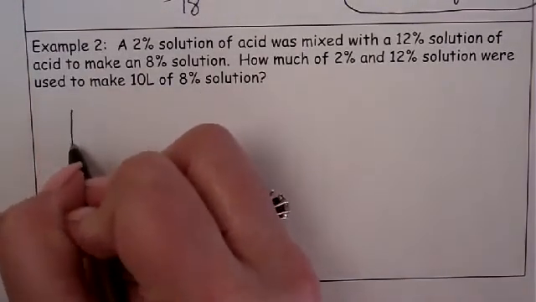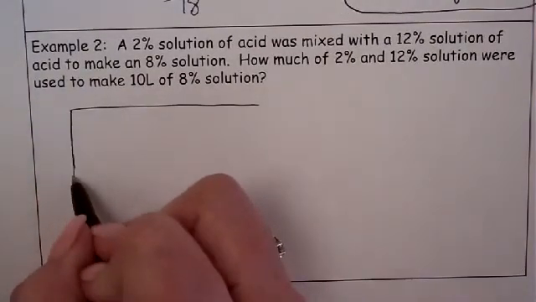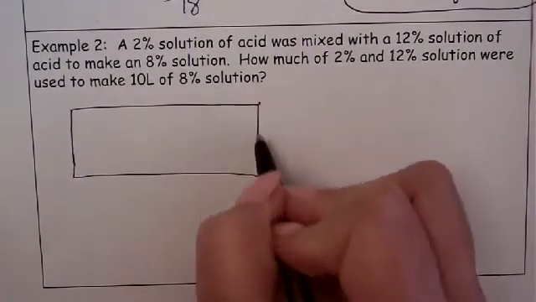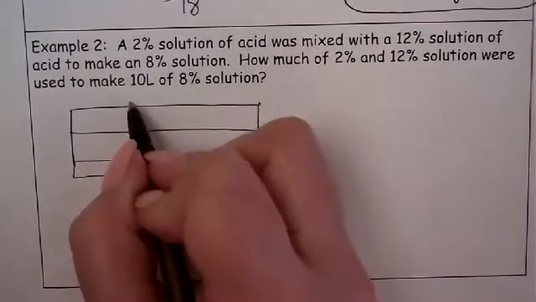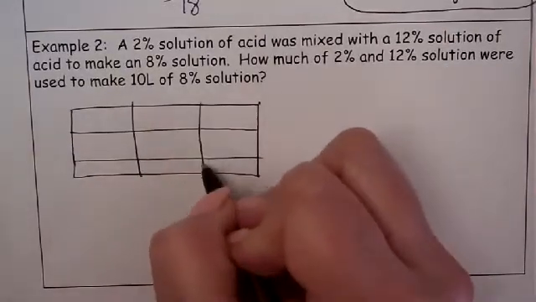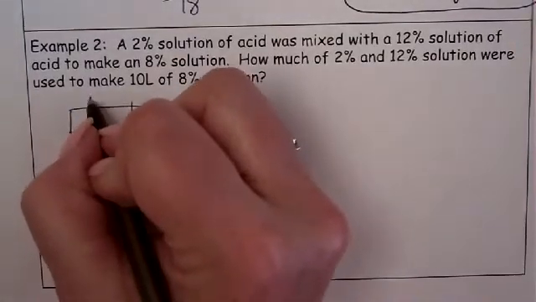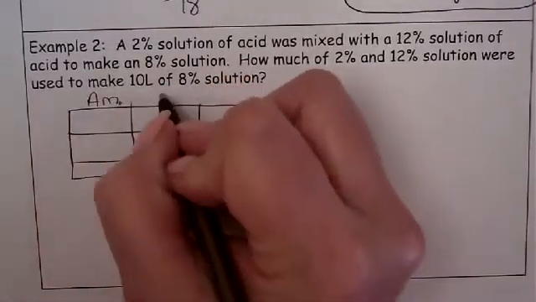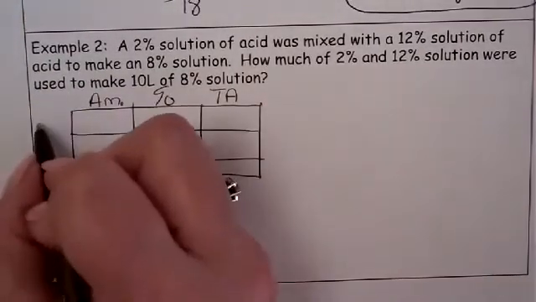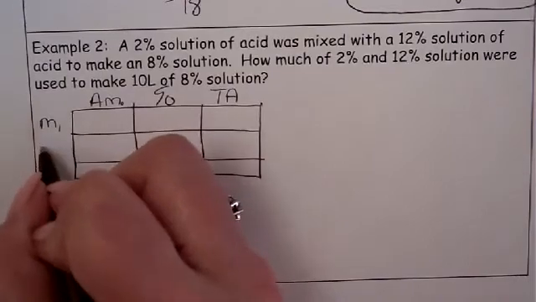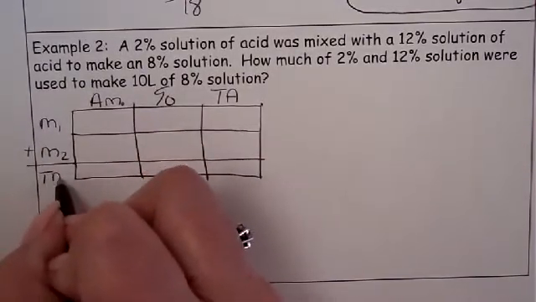I'm still going to use the same table, so I'm going to write that in. This time I'm actually going to make sure I make all my columns wide enough, hopefully. Okay. Now, we're going to have amount, percent, total amount. We're going to have mix 1, mix 2, plus to make total mix.